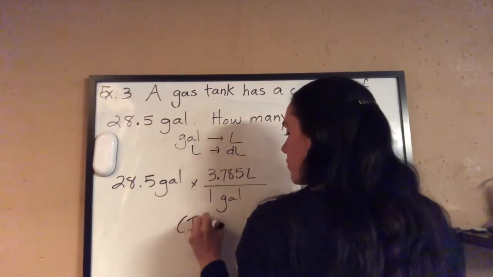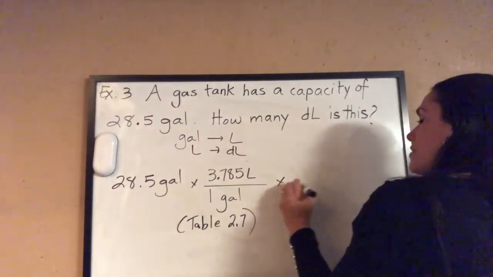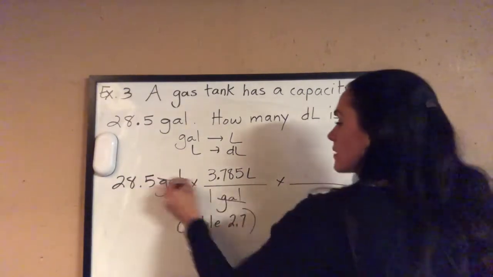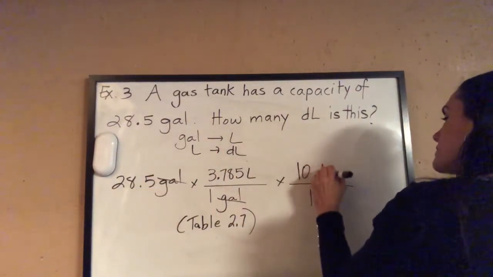This is table 2.7. Now we want to convert liters into deciliters. 1 liter has 10 deciliters.